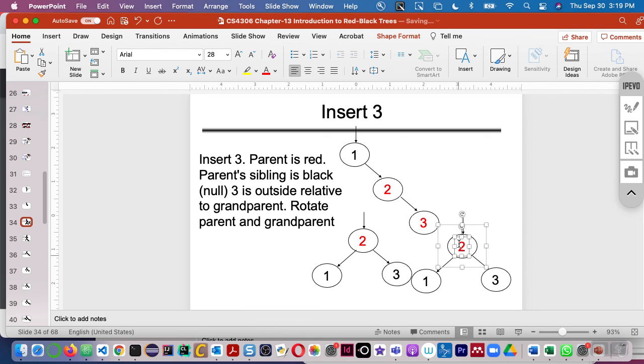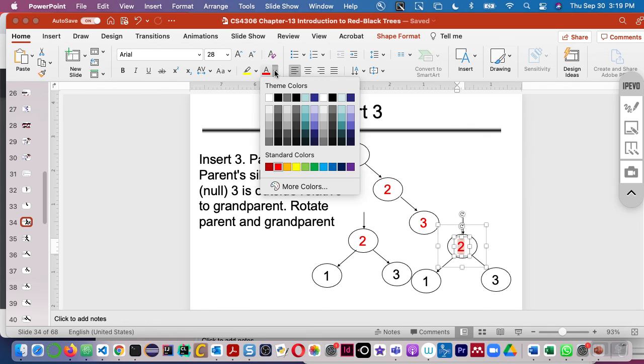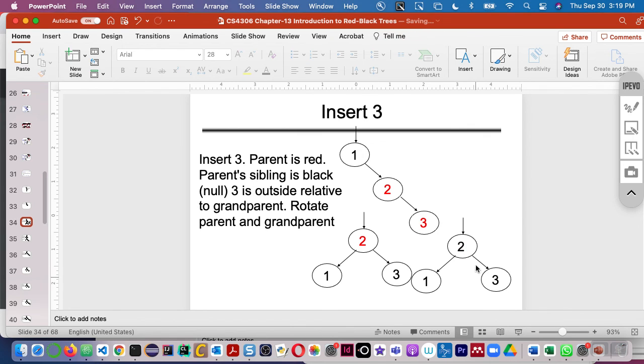You cannot check the path over here, because until you make it a red-black tree, the path will not be maintained. Here the path is maintained. Here it is not completed. This phase is incomplete.